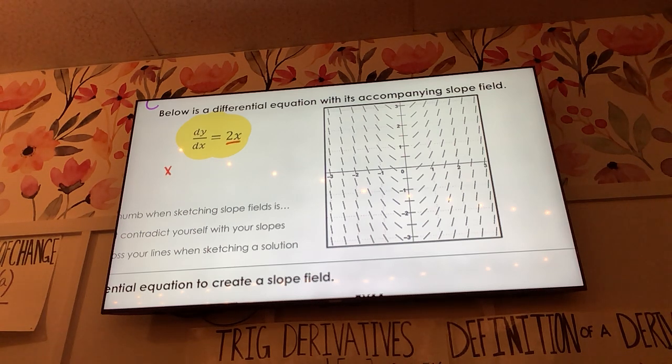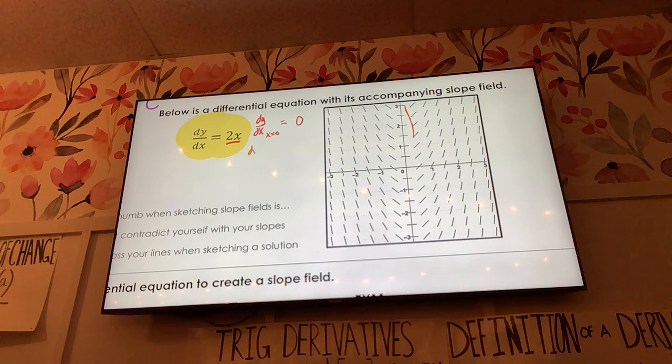So when x is 0, if I were to do the derivative when x is 0, what's 2 times 0? 0. So do you see how at 0, all of your little tick marks have a slope of 0?